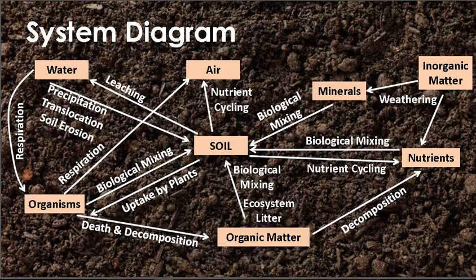Now, I'm coming to the system diagram. What we just discussed in the last slide, I've put in sort of a mapping. If you see the titles here, you see the connectivity between water, organism, air, soil, minerals, organic matter, inorganic matter, nutrients.